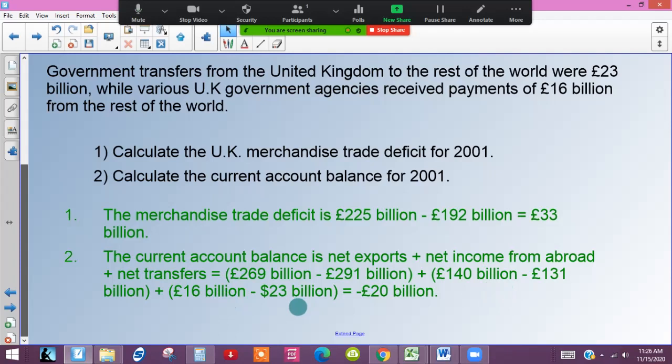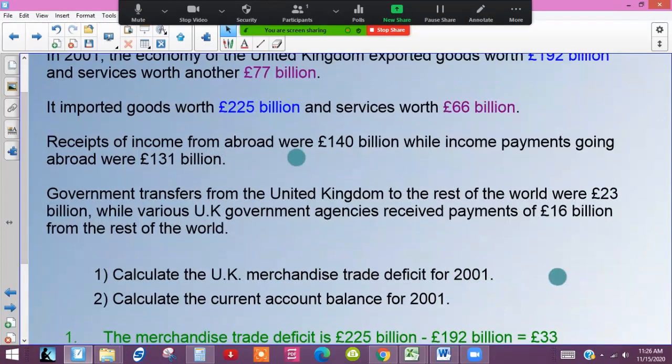Then the last part of this is net transfers. So that's simply taking the transfers going to the world, going out, which was 23, and we want to subtract. Now this is where it's tricky. You want to subtract what's going out from what's coming in, so this is going to be a negative answer.